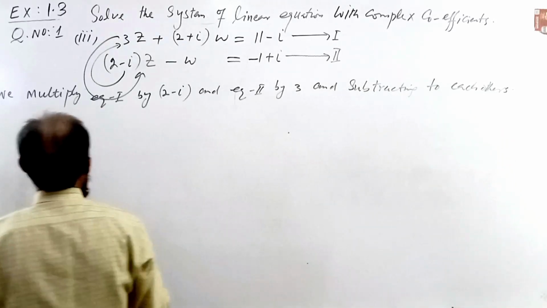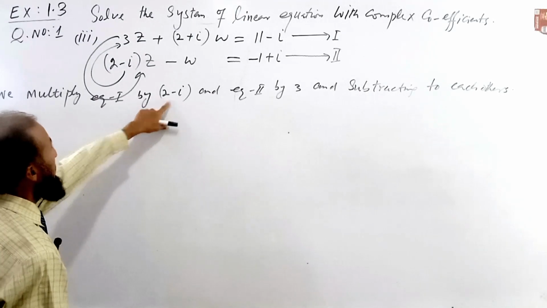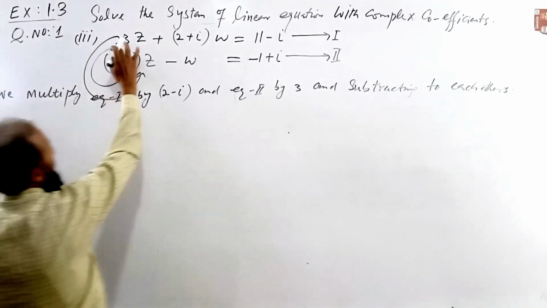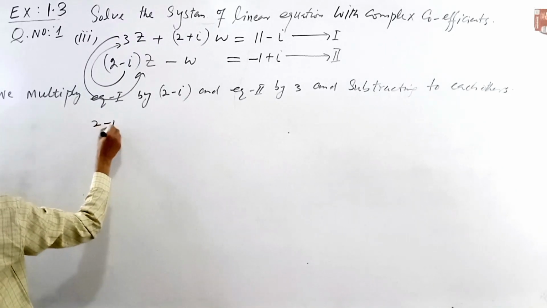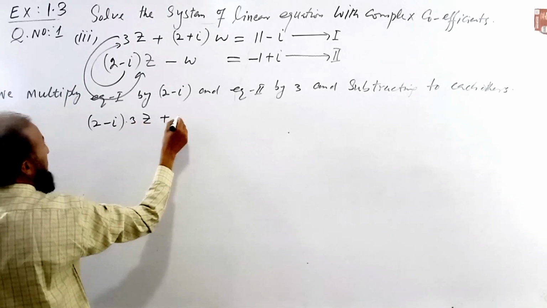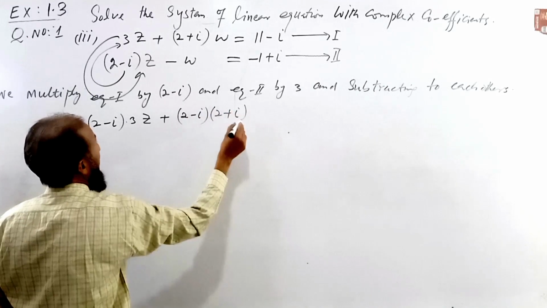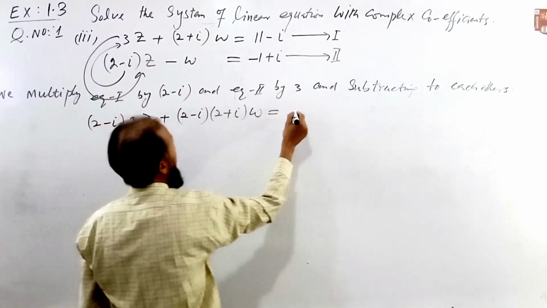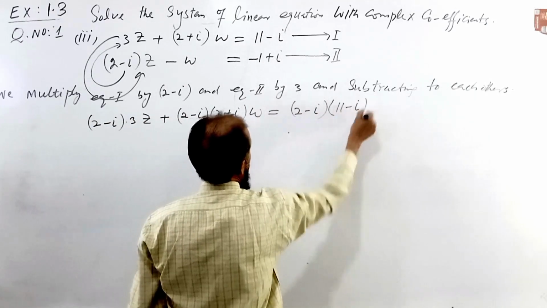Now according to the condition, equation number first we multiply by 2 minus iota, so 2 minus iota into 3z plus 2 minus iota into 2 plus iota w equals 2 minus iota into 11 minus iota.